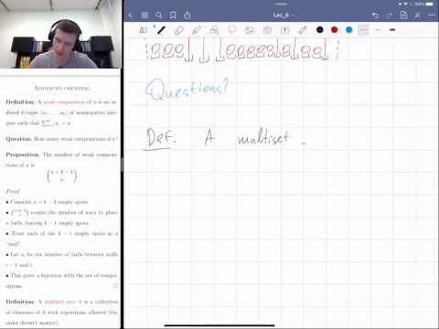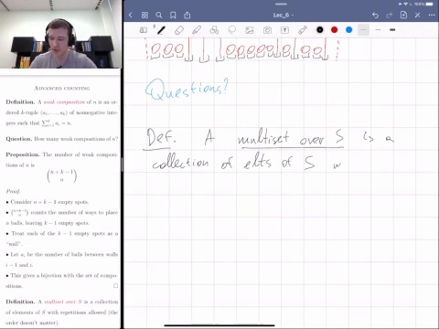A multiset over S is not quite a set; it is a collection of elements of S, but repetitions are allowed, and the order doesn't matter, just like for sets.